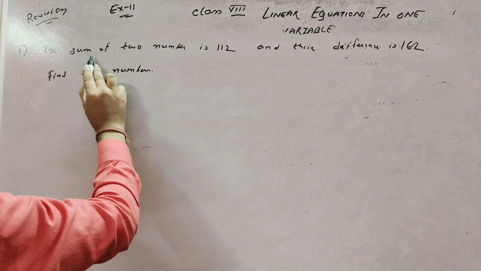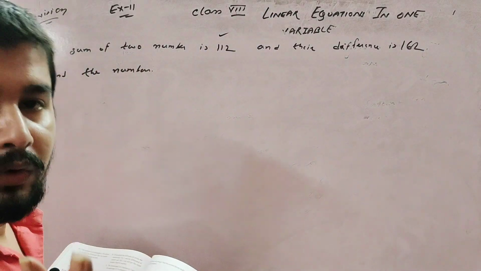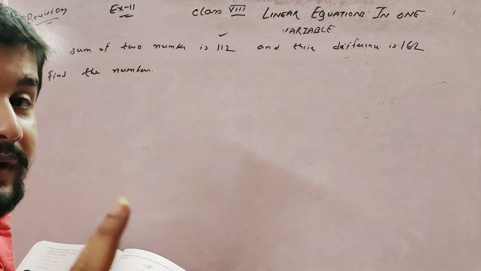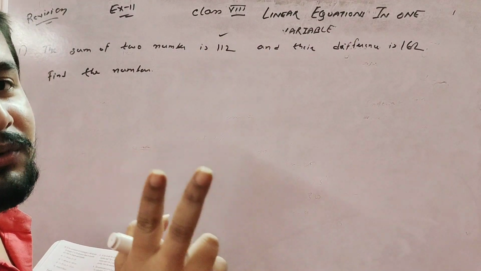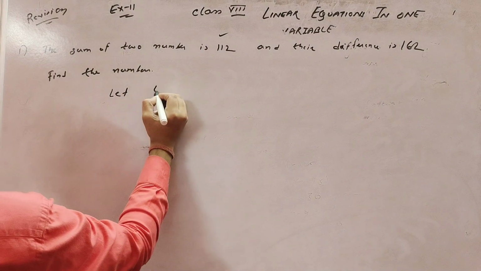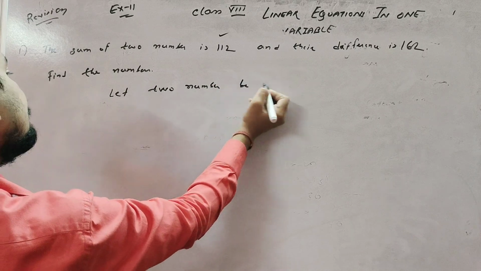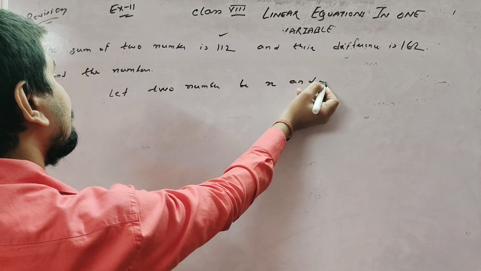What is the question? The sum of two numbers is 112. When you add two numbers you get 112, but when you subtract you get 162. That means the difference. So let the two numbers be x and y.